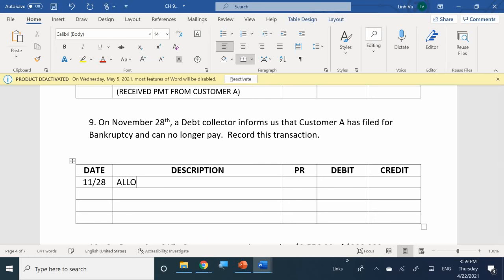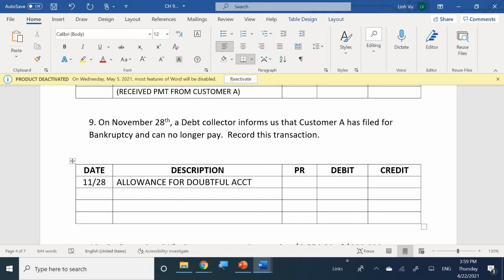Even if you file for bankruptcy, you still have the potential to pay. Is that a guarantee? We don't know. It depends on that person, or if the debt collector decides to pay us, that would relieve our debt. But in most cases, they're never going to pay you. They're going to say, hey, this person can't pay. So you're most likely going to write it off as a loss.